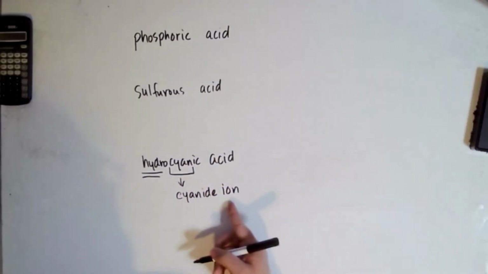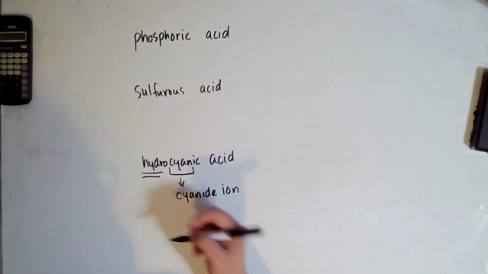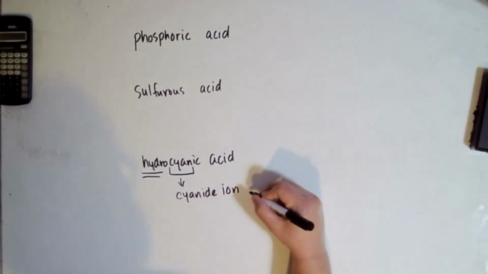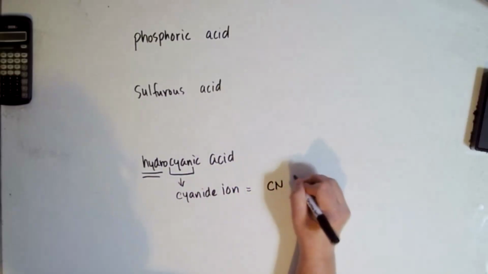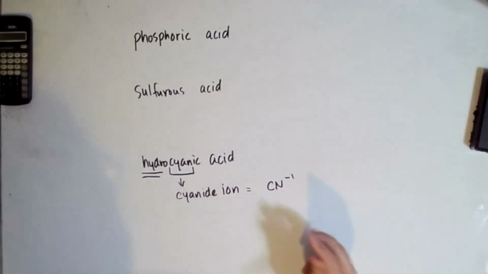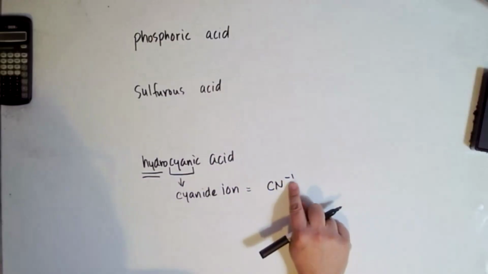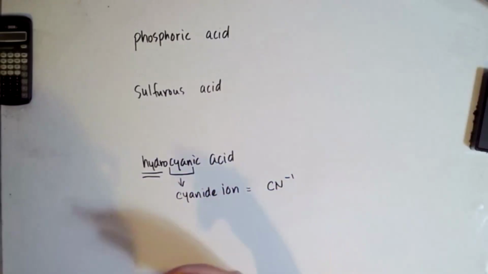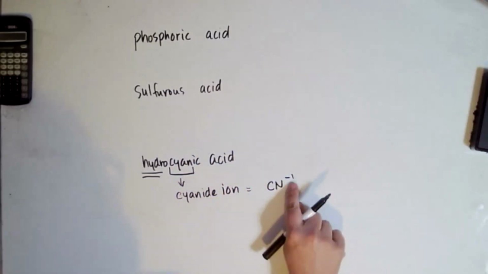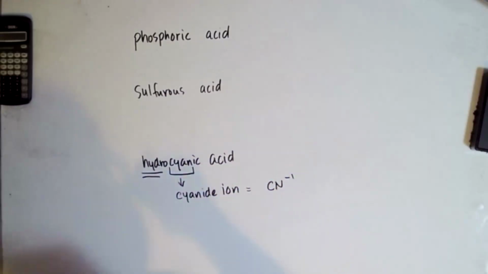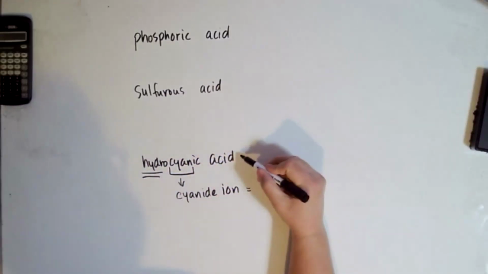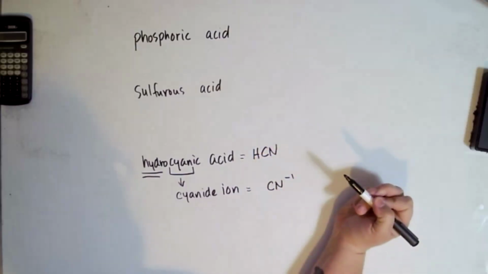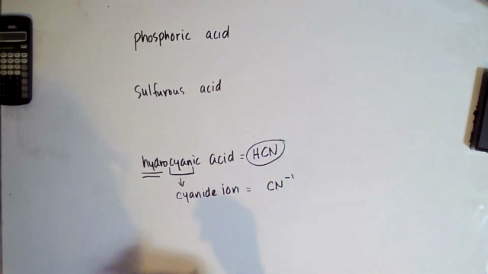Once you know the ion being referred to, you can write out the formula for your ion. So cyanide ion is CN minus 1. Whatever the charge is on your anion, that's how many hydrogens go in front of your neutral acid formula. I have a -1 charge here, so my formula for hydrocyanic acid is going to be 1 hydrogen and then the CN after it: HCN.